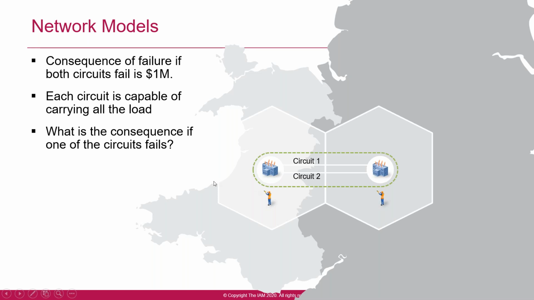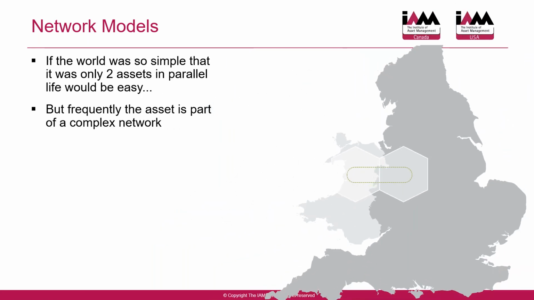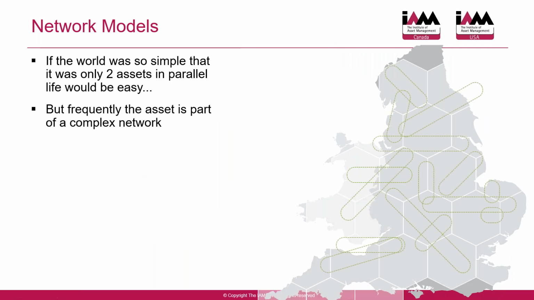You could make a decent estimate of the chance the other asset has failed based on historical asset failure rates. But unfortunately, the world is seldom that simple. Usually it's part of a very complex network, and in such cases, accurately understanding the consequence of an asset failure requires some type of network simulation.